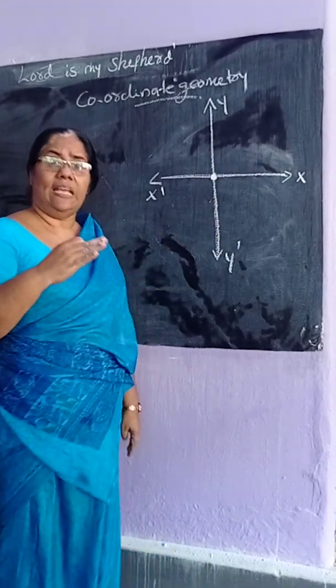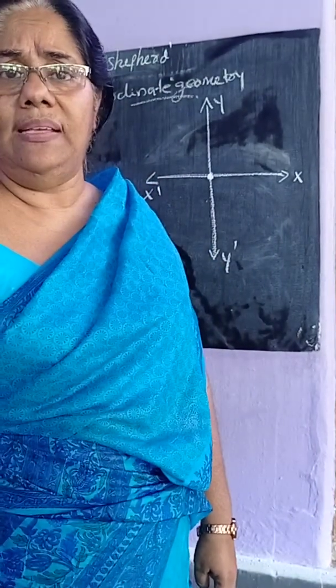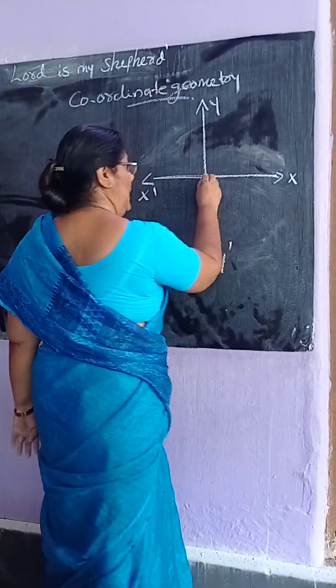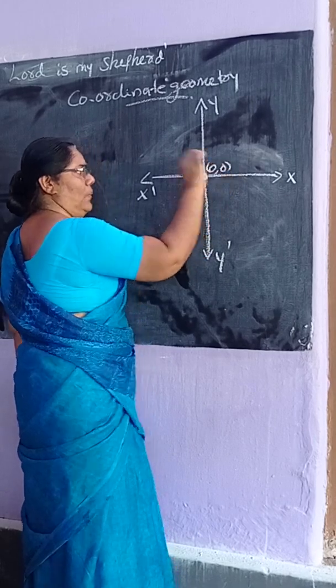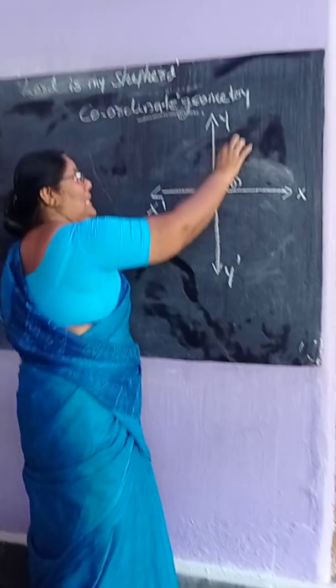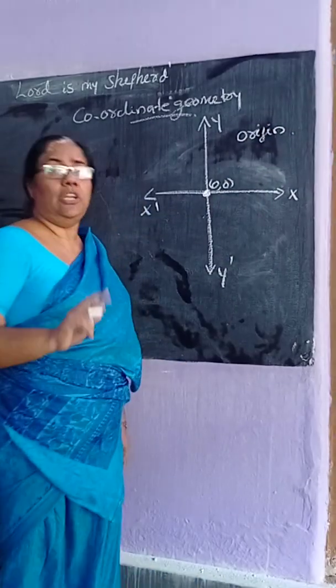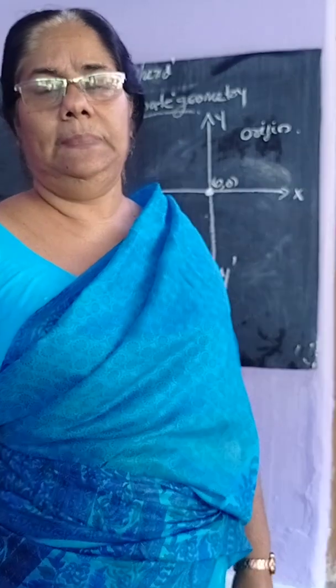The intersection of the x-axis and y-axis is known as the origin, O, 0, 0. That means here x is 0, y is 0. Origin means the intersection of the x-axis and y-axis.